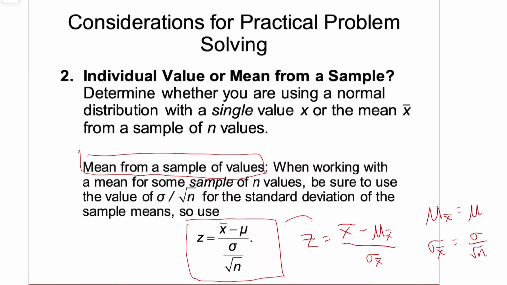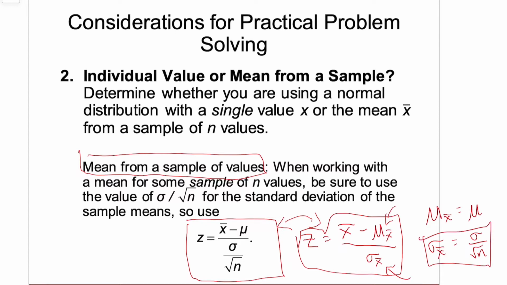There's really no difference between these formulas, although this one looks more like the standard original z-score formula, so I tend to prefer using this one. But again, we just have to remember that mu in that formula is my original mu, and this sigma sub x bar is not my original sigma. It's the original sigma divided by square root of n.